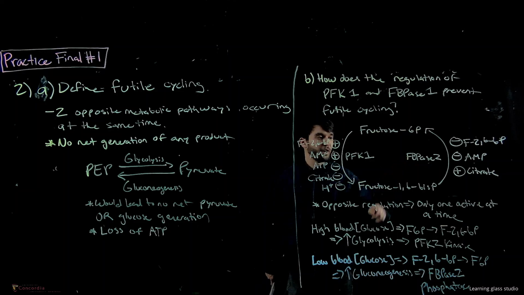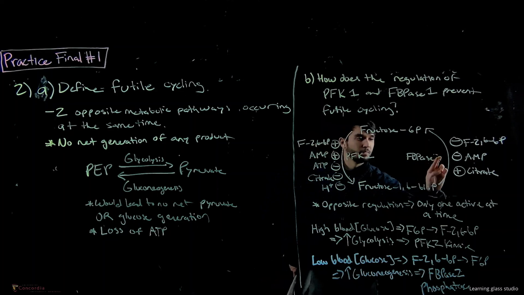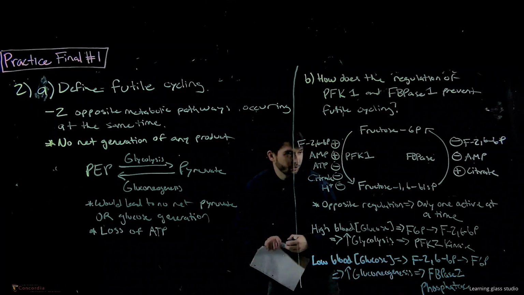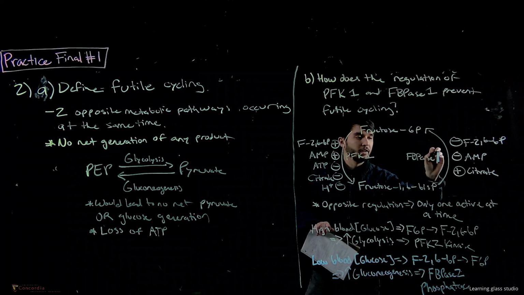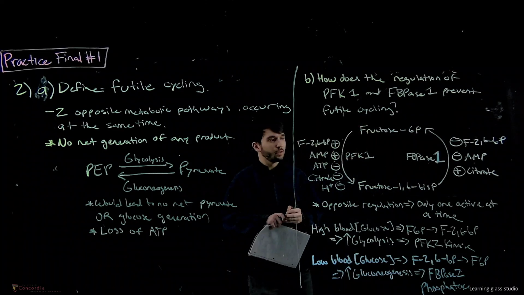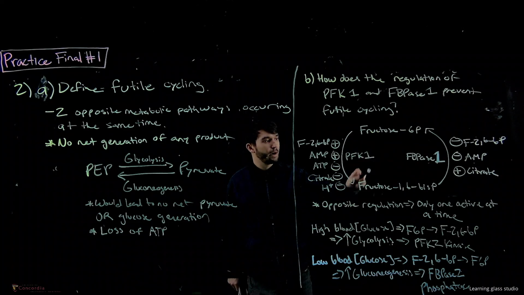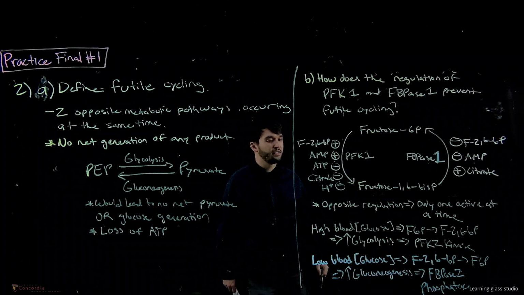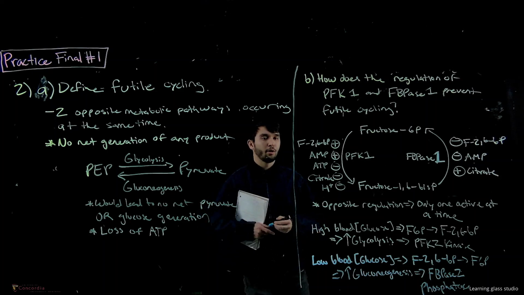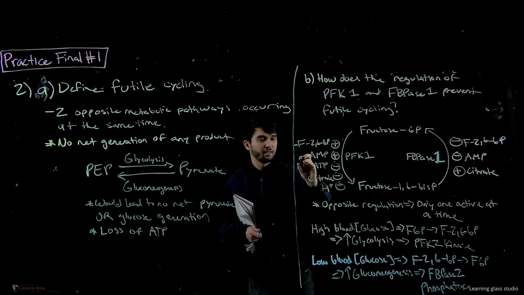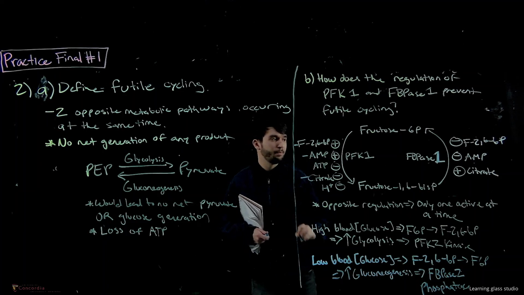For fructose bisphosphatase 1, it is inhibited by fructose 2,6-bisphosphate, inhibited by AMP, activated by citrate. So notice how here we have activated by fructose 2,6, activated by AMP, inhibited by citrate.